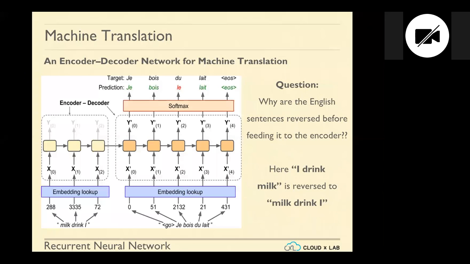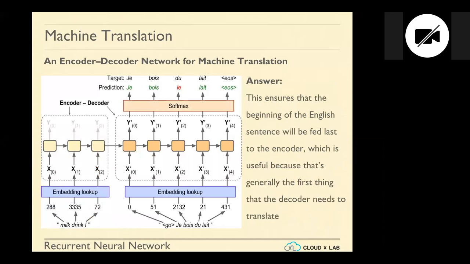Here the question is, why are the English sentences reversed before feeding to the encoder? Because it's a recurrent network, the word "I" is going to be fed in last.